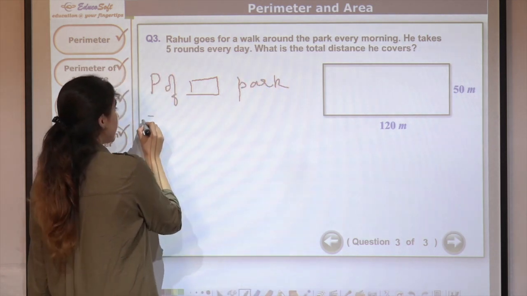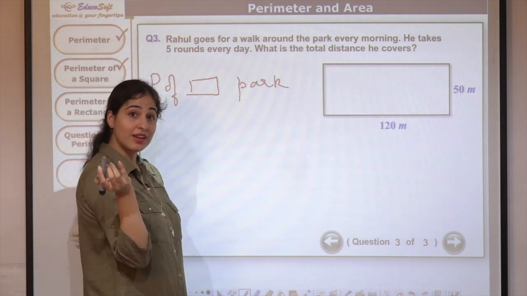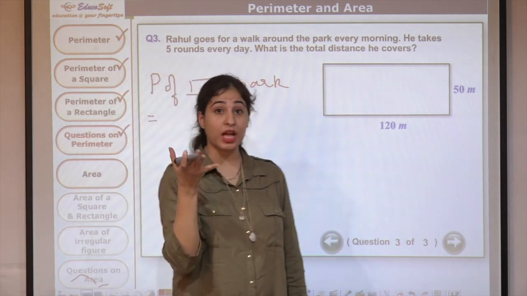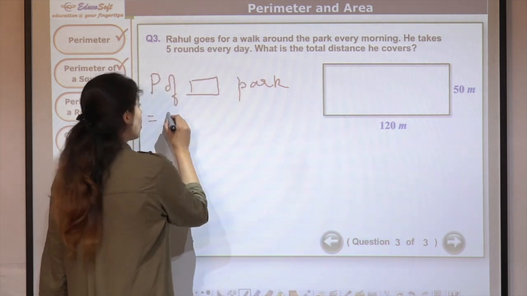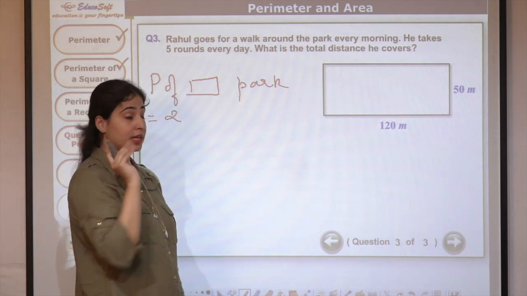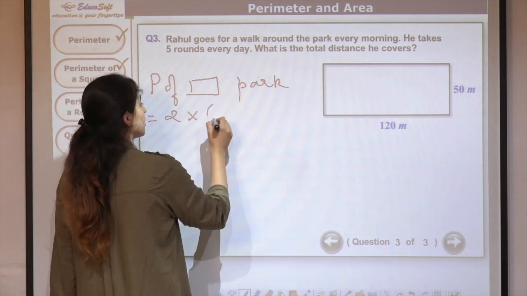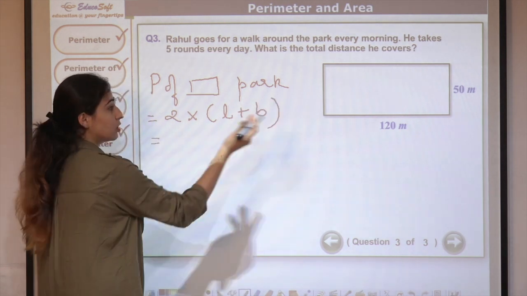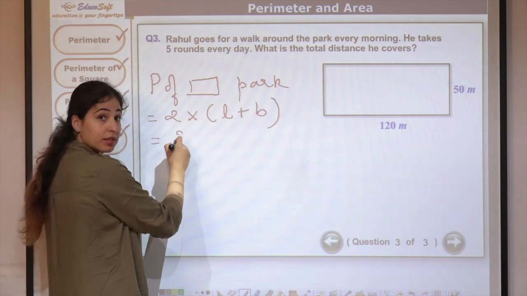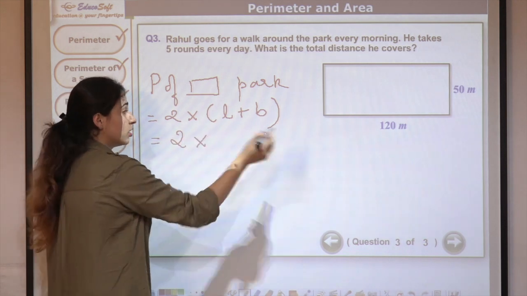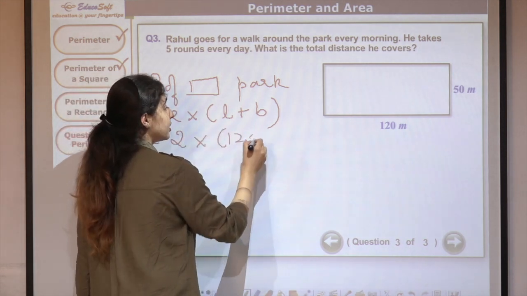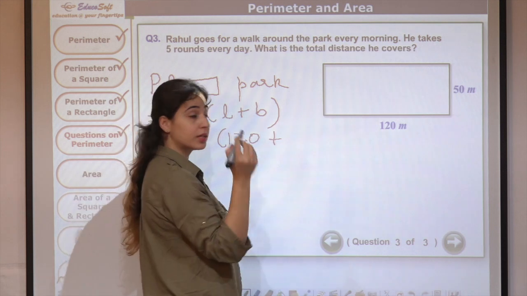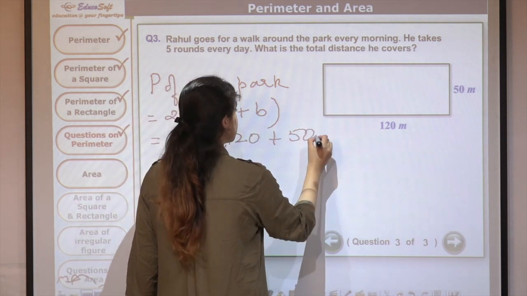What is the perimeter of a rectangle? 2 times (length plus breadth). Don't forget to put the brackets. 2 times (length plus breadth). Let us substitute the length and the breadth, the values. Length is 120 meters and breadth is 50 meters.